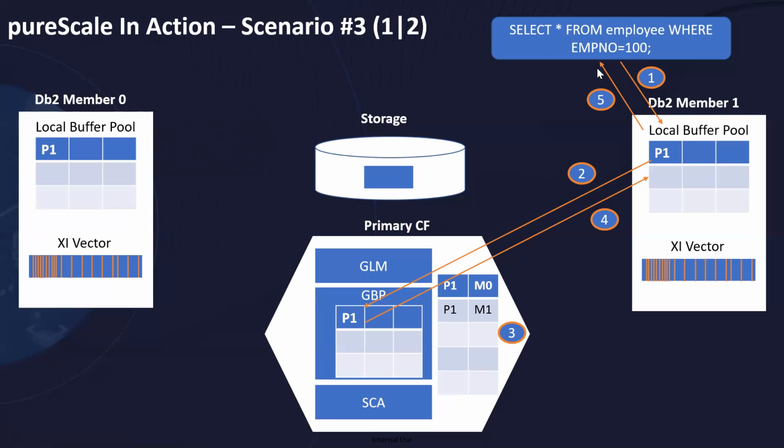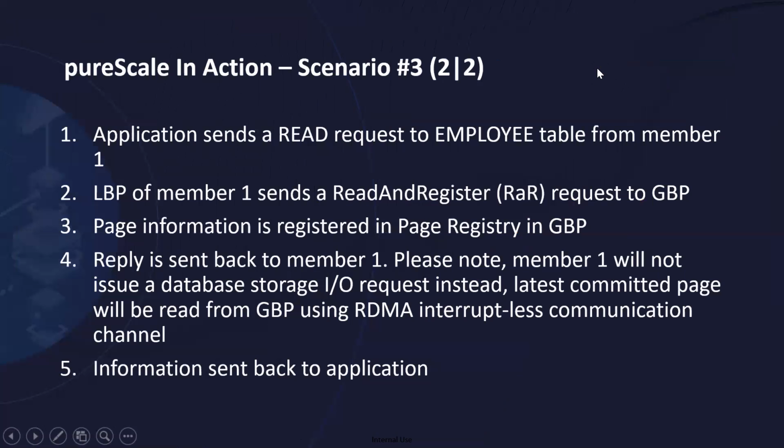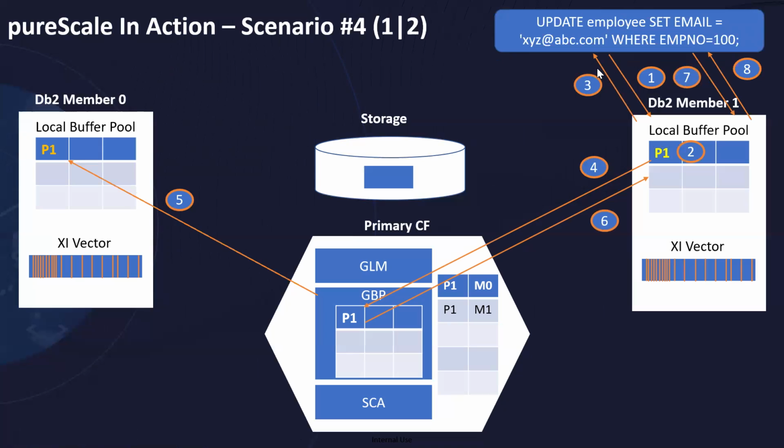Let's look at one more scenario where member one is trying to write or modify the same page. What will happen in this case? Multiple other things will happen in this scenario, so let's take a look. The application sends an update request, which is to update the employee email address for the same employee number 100.